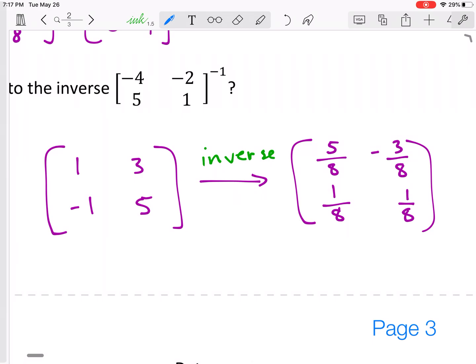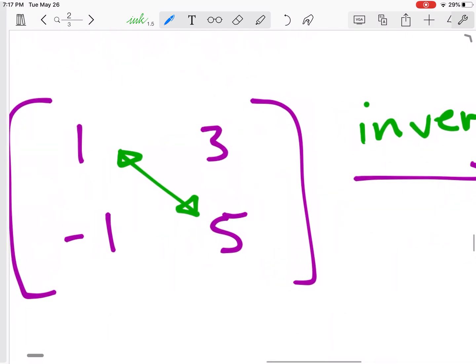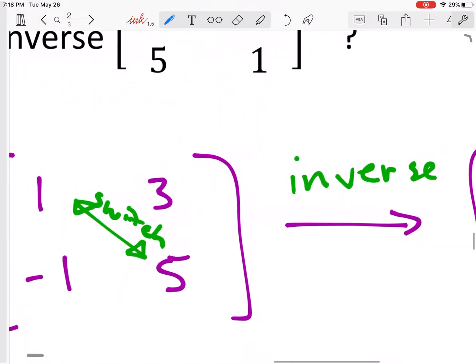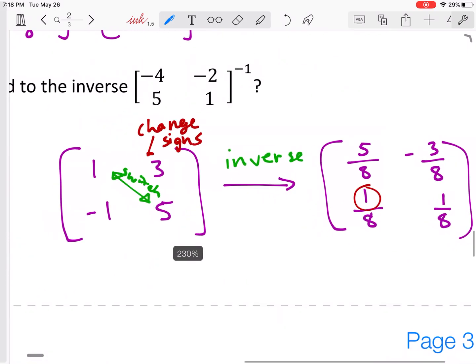All right, for me, I notice now we have a 5 here and a 1 here. Seems like these just switched. That's pretty cool. And I notice this is a 3. It was a 3 there, but now it's negative. So it seems like this changes signs. And similarly, here this is 1.